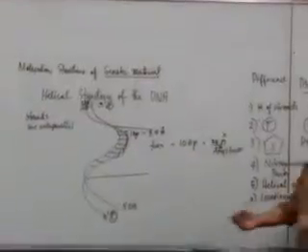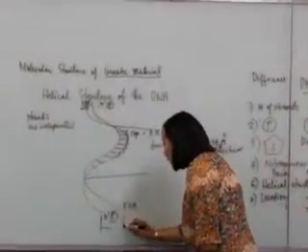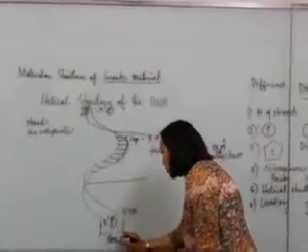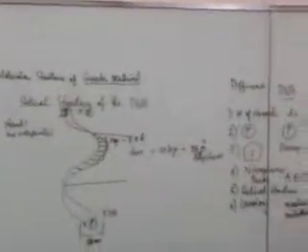Right? And the diameter of the helical structure is equivalent to 20 nanometer. Okay? So 20 nanometer.